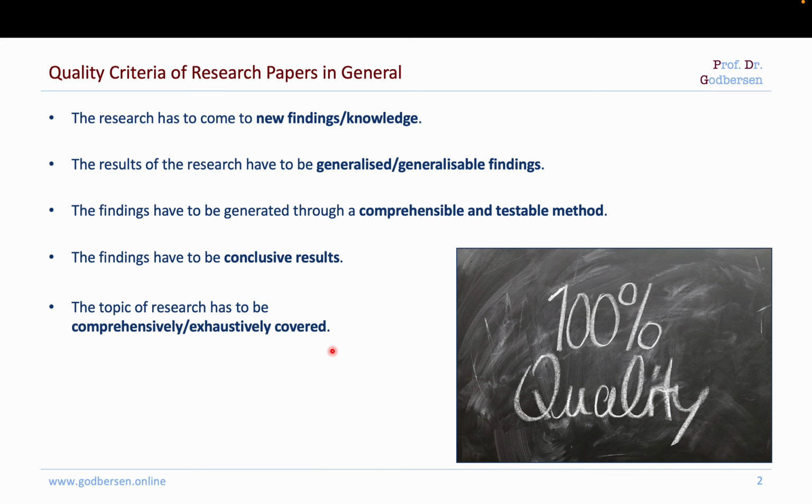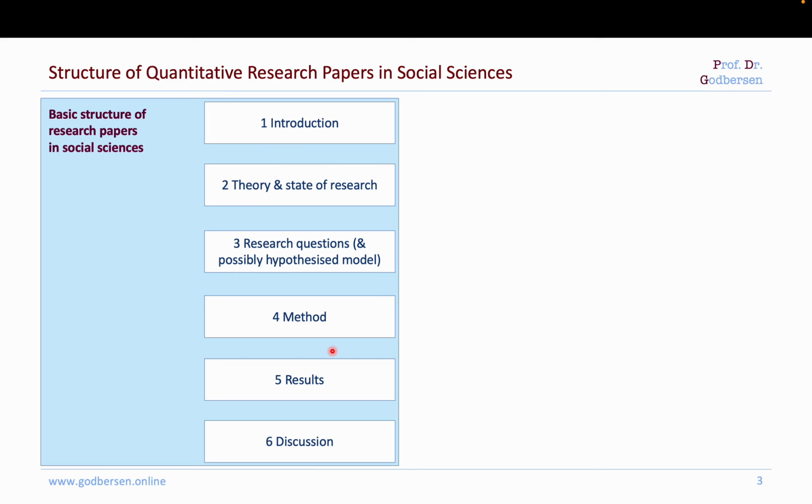Now, how does the structure, the table of contents, look in a research paper in social sciences? The good thing is, it's always the same structure, with just a few exceptions. If you develop a grand theory, or you develop, refine, and validate a measurement instrument, then possibly you have a different structure.